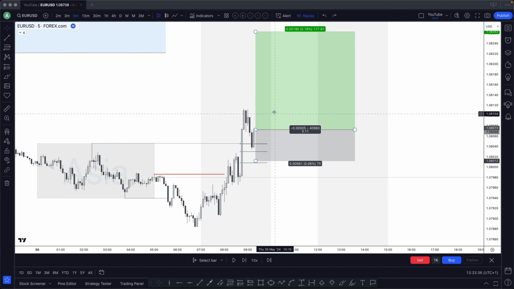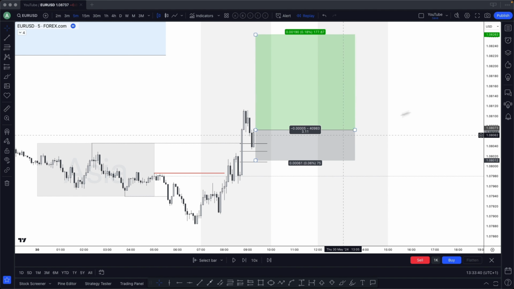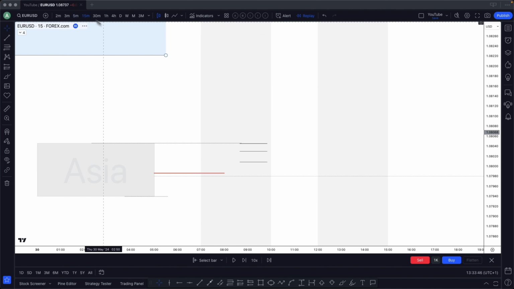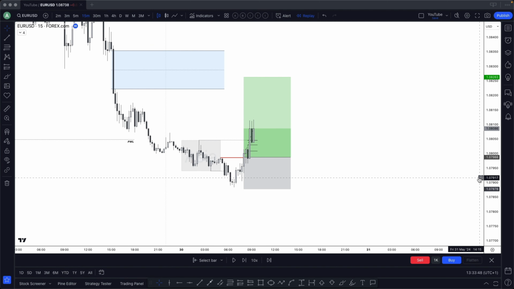So we market executed this one with about 6 pips of SL. Take profit at 82.63.